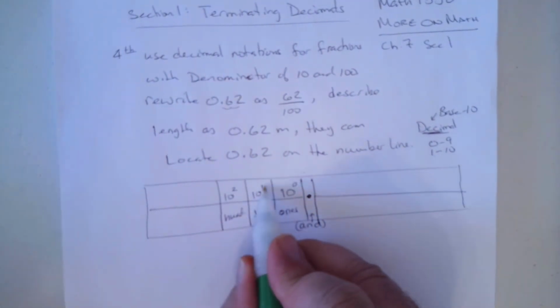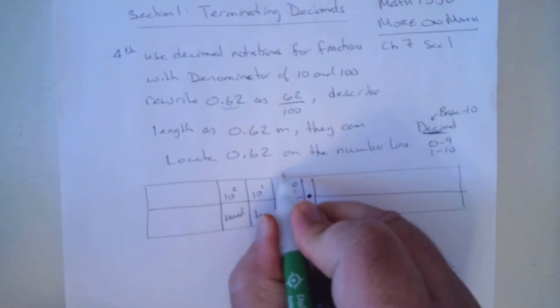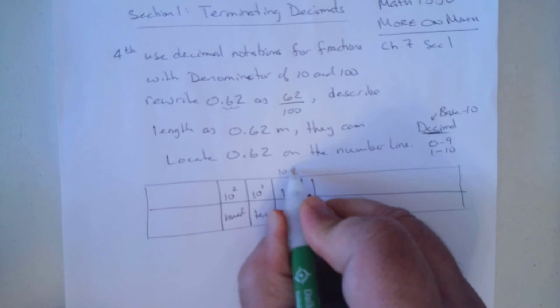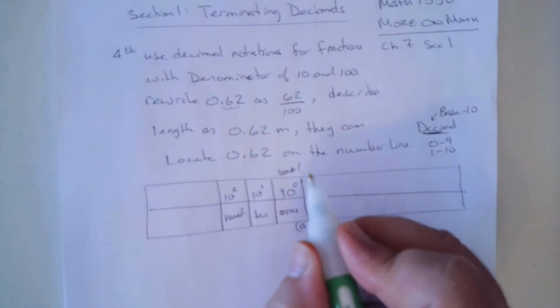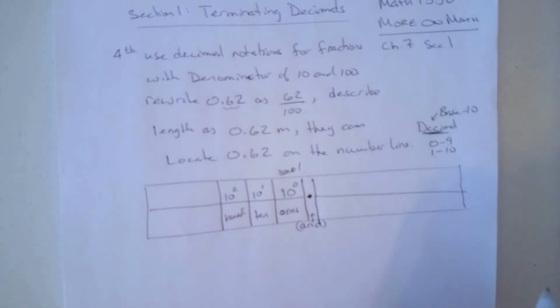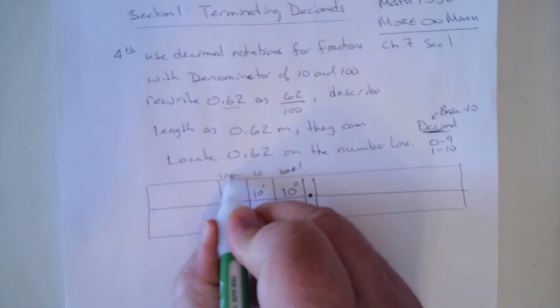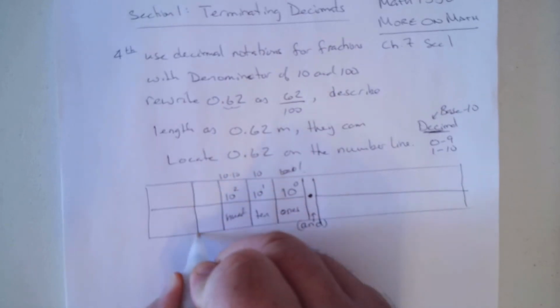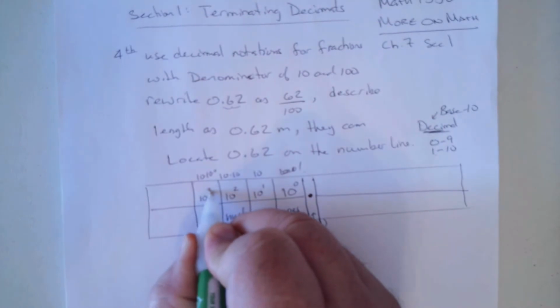You notice all I'm doing is basically multiplying by 10. 10 times 10 times 10 is 10 to the third.